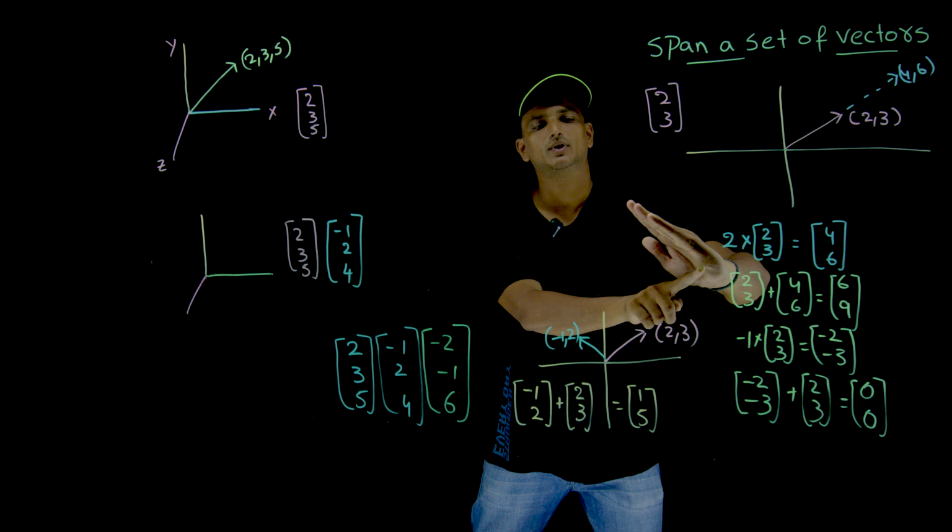When you add -1, 2 with 2, 3, it means moving 2 units towards the x-axis and 3 units towards the y-axis. Adding -1, 2 means from here move 1 unit backwards, -1 on the x-axis, and 2 units above on the y-axis, somewhere you are going. So if you add, you bring it to here, and you get a point here.